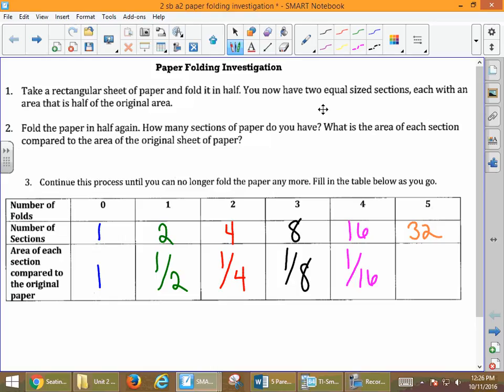And if you're looking at the pattern, you can probably see that the area of each section compared to our original is going to be 1/32. So there's our paper there.